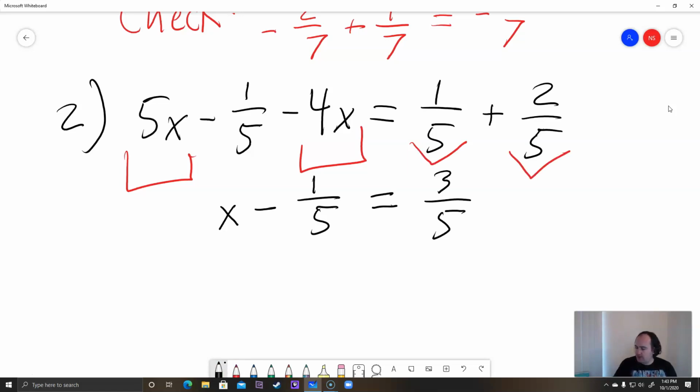And then how do we finish the problem? Since these have the same denominator, we just need to isolate x on the left side. What's the opposite of subtracting 1/5? Adding 1/5. So to get rid of this negative 1/5, we're going to add 1/5 to both sides.